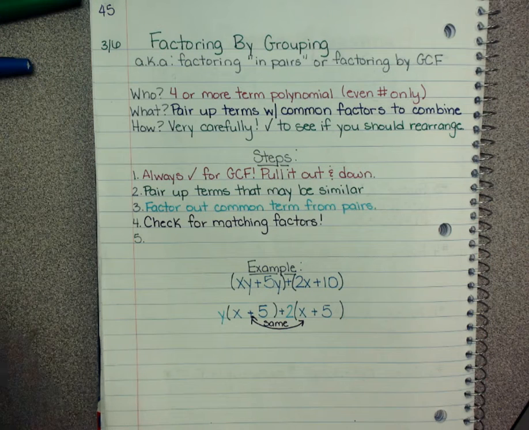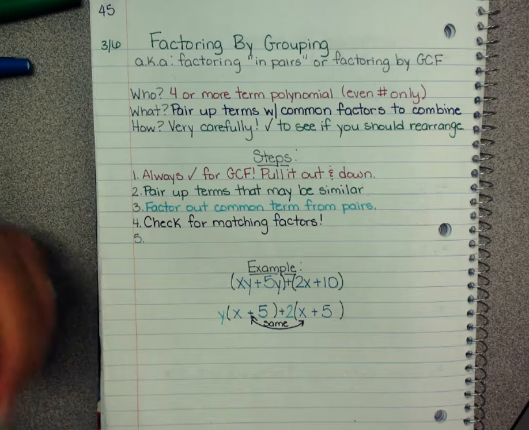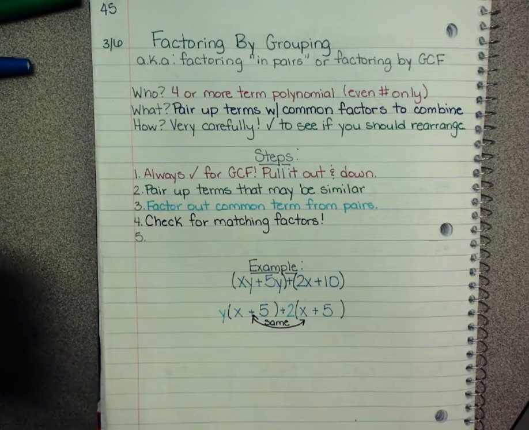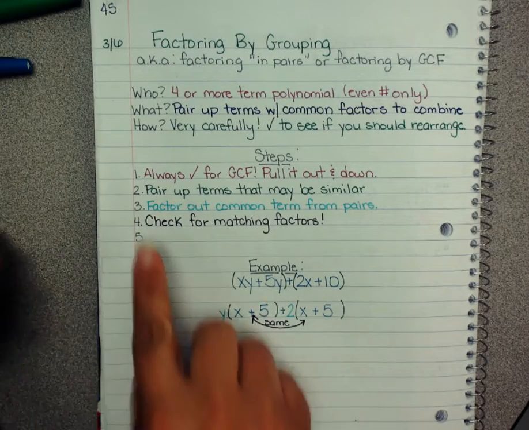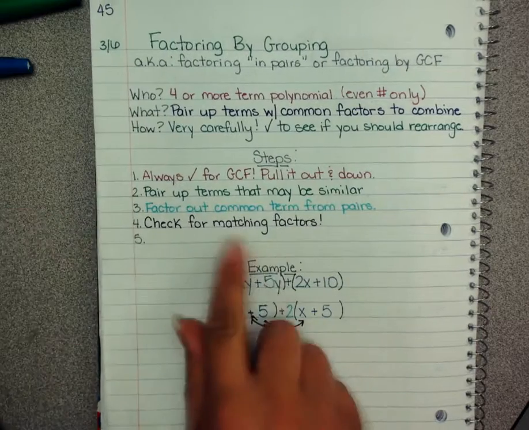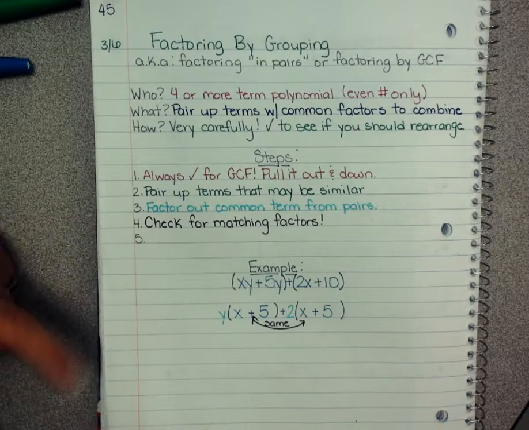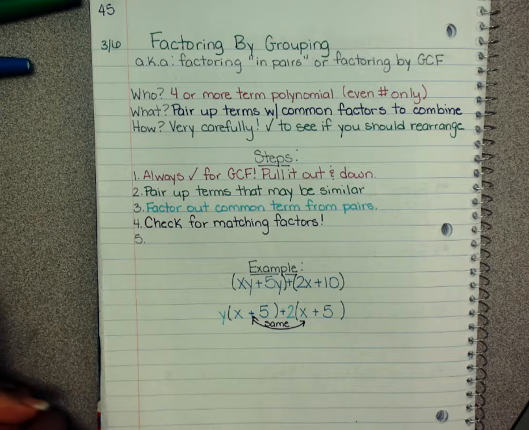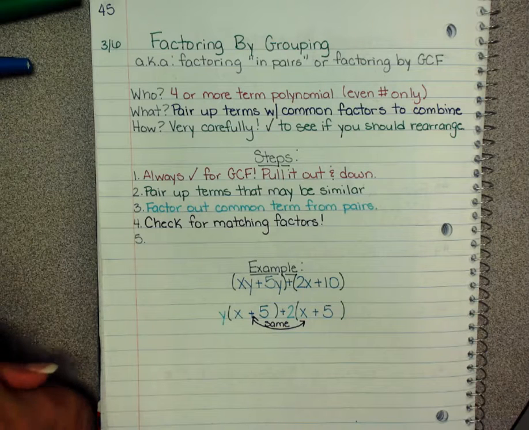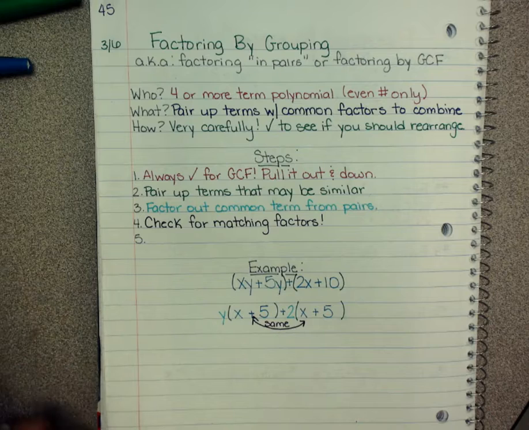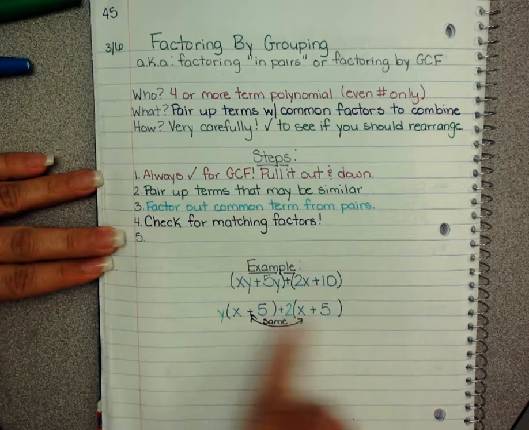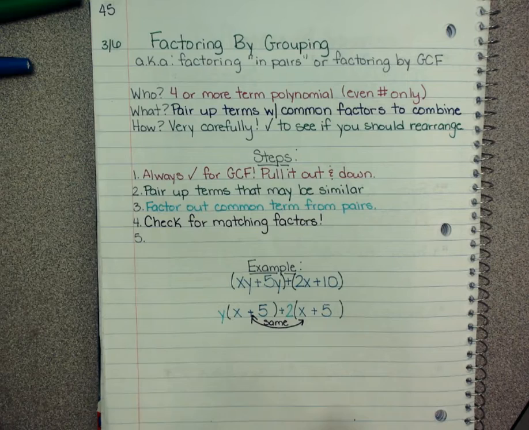Okay, so we do have a set of matching factors, which is what we want. So we check for matching factors. We have matching factors. We're good to go on. If at step number 4 you do not have matching factors, you need to go back and do your work again. You've made a mistake. Whether you've paired wrong, you've pulled out the wrong factor, they didn't have that in common, your signs are wrong, whatever it could be, you need to make sure that this part right here has matching factors.